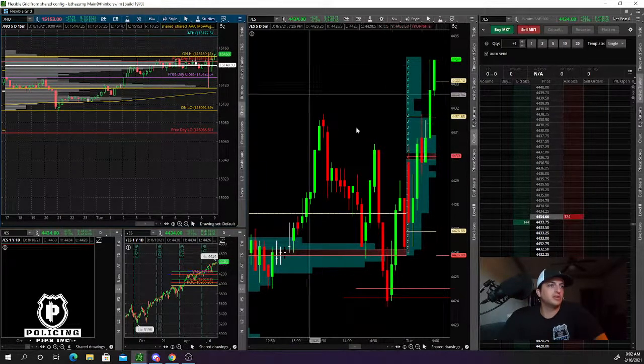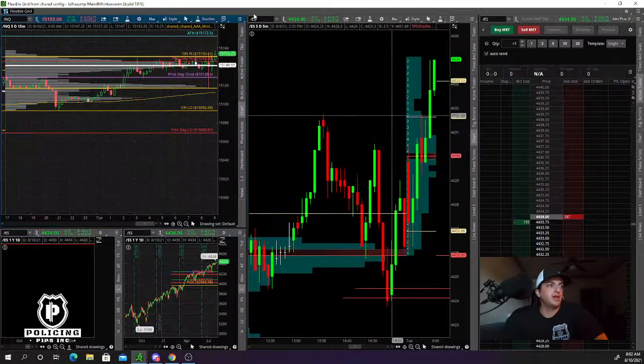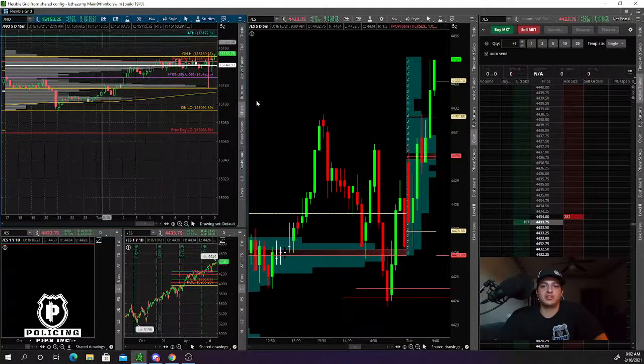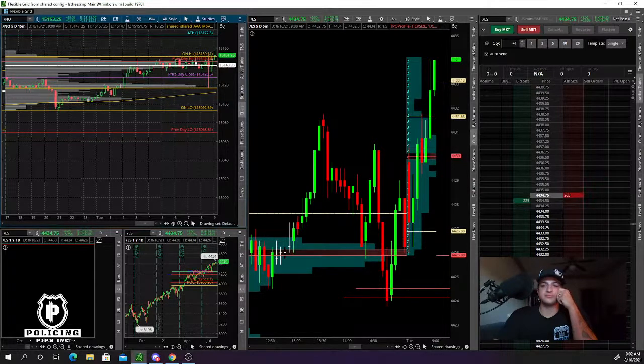This on the right is still the ES, but I pulled up the NASDAQ just so I could see some of the value areas from the previous days. Oh man, I'm mad that I didn't get in on that 40 because I was pretty convinced that it was going to flip up there.